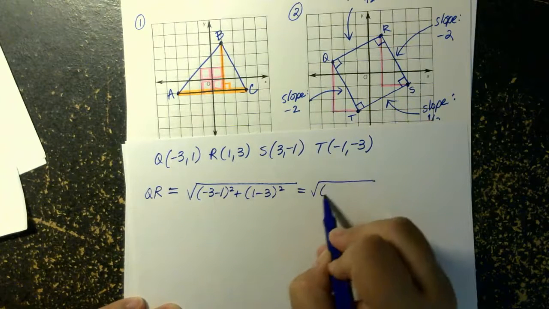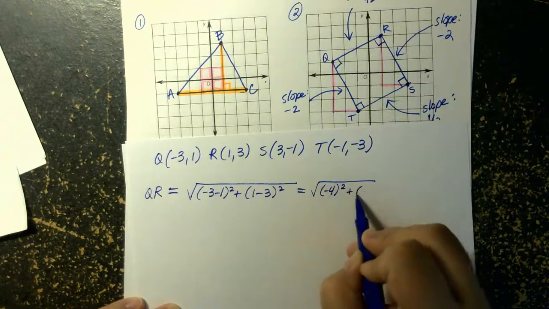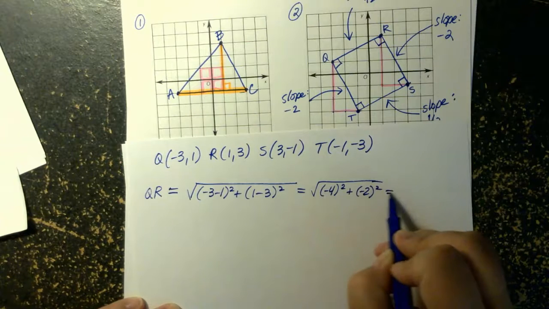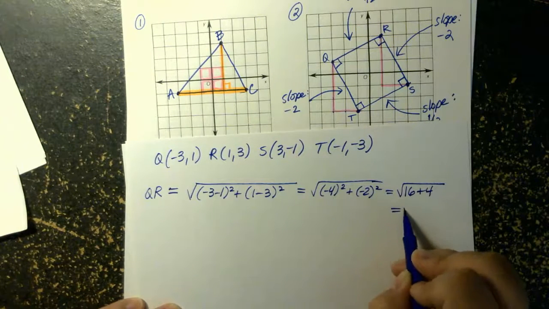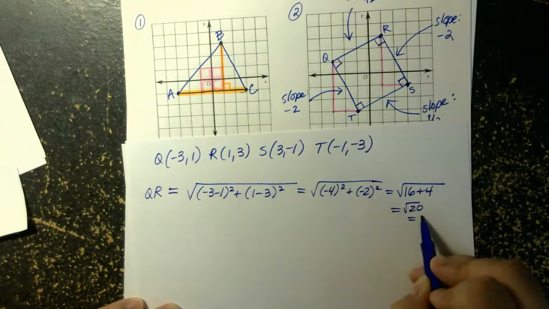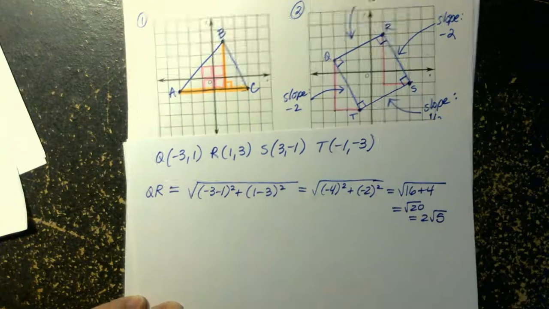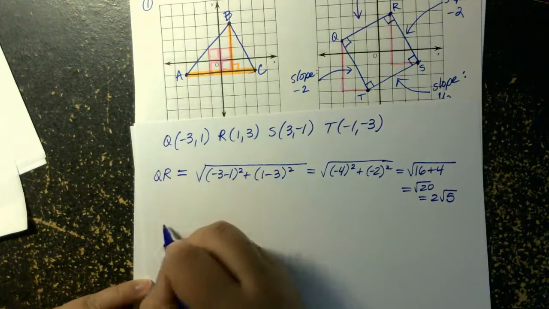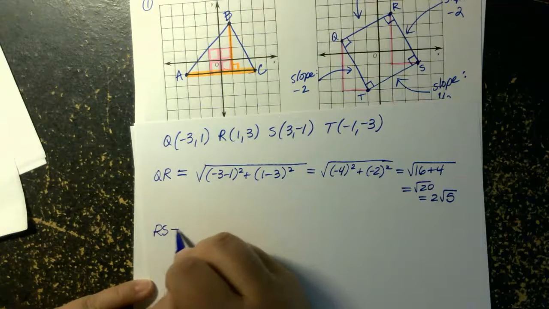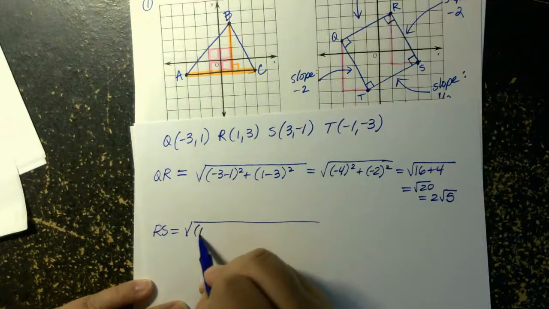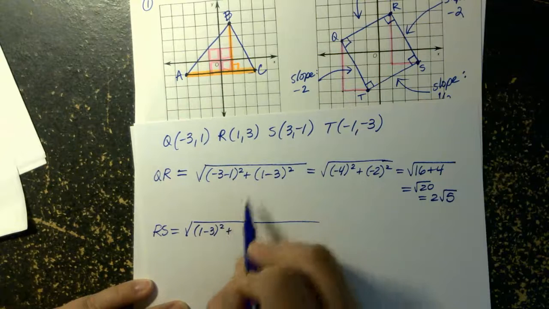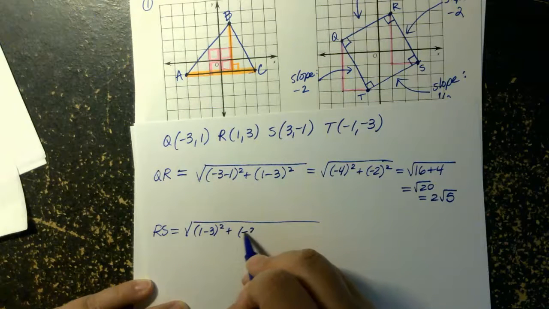That gives me square root of 20, which is 2√5. All right, next up, RS. 1 minus 3. 3 minus a -1. Oh, sorry, that's +3. Let's do that.